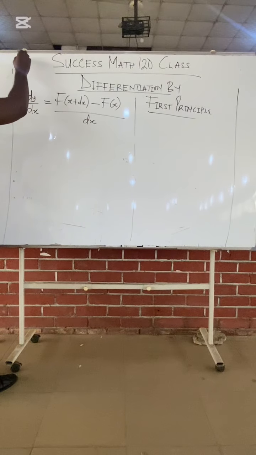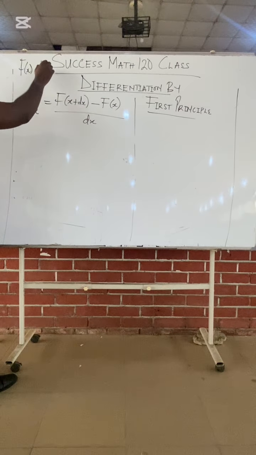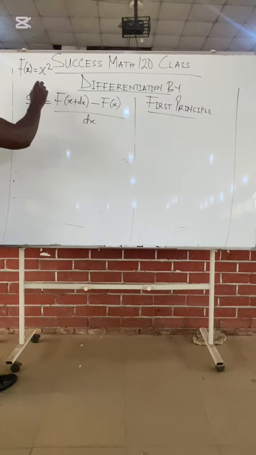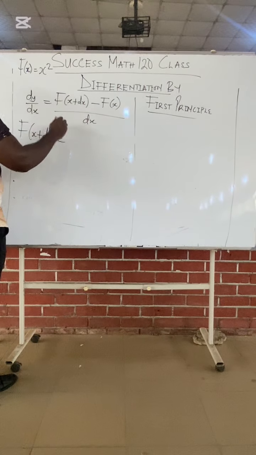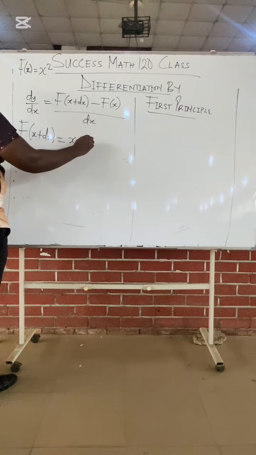Class, the function is f of x equals x squared, right? F of x equals x squared. Let us go and find f of x plus dx. I've taught you how to find f of x plus dx. F of x plus dx means that anywhere you see x, add dx. So you have x plus dx.